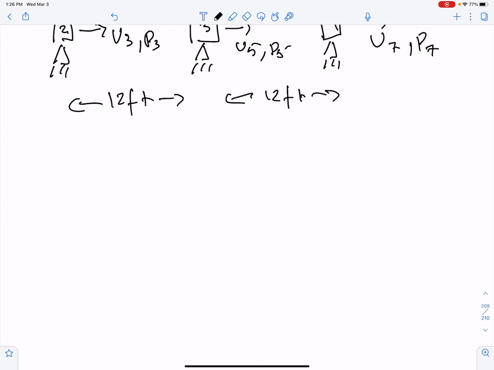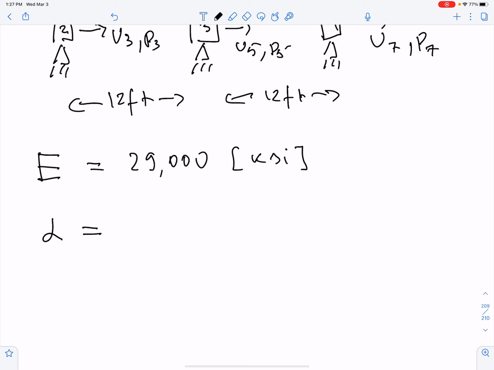We're going to assume that these are all bars made of the same material, and Young's modulus for all the bars is the same, 29,000 kilopounds per square inch. And finally, the coefficient of thermal expansion, alpha, we're going to set to 6.5 times 10 to the minus 6, and this is 1 over degrees Fahrenheit.